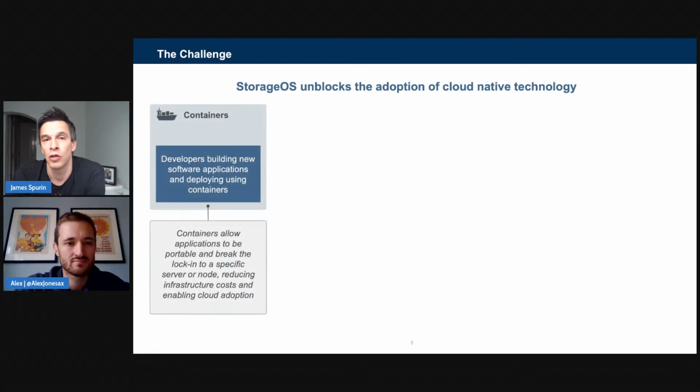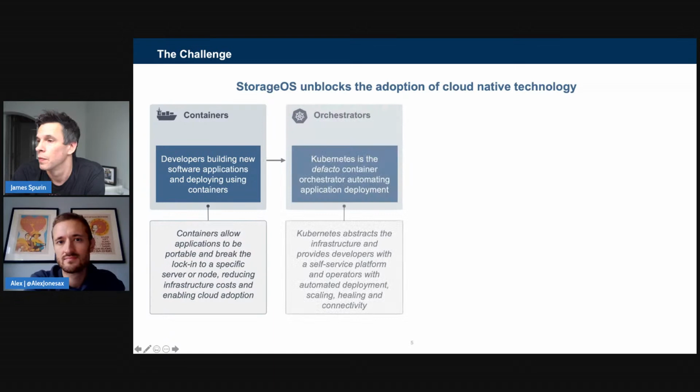Okay, so the challenge and the journey. Containers, as you know, solve problems. For example, they ease development and deployment. You can encapsulate dependencies, and all of this allows applications to be portable. Next, we have the orchestrators, where Kubernetes has won the orchestration race and is the de facto orchestrator.